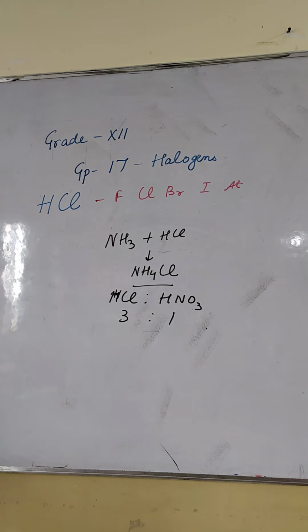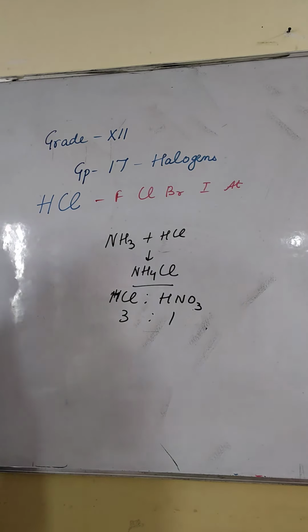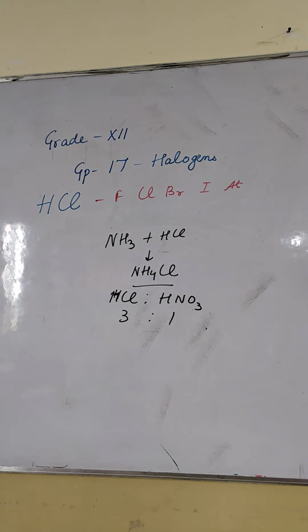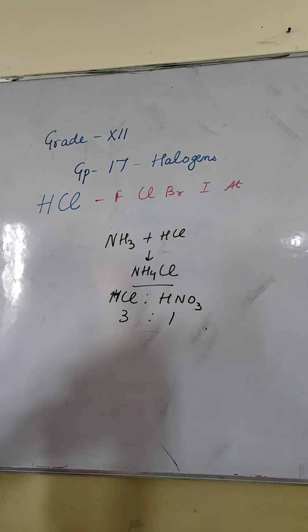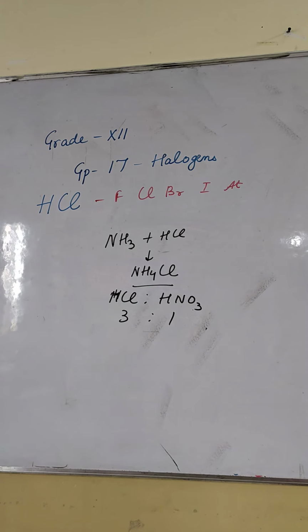This is aqua regia. In class 10th also you did the same. It is used to dissolve so many metals like gold and platinum. Next, it is used in the manufacture of chlorine.